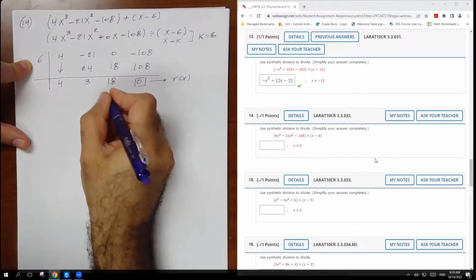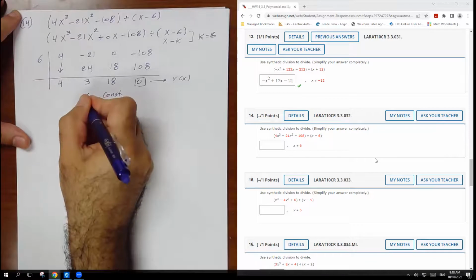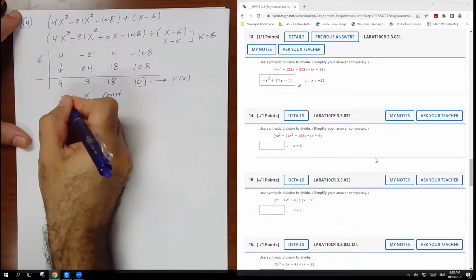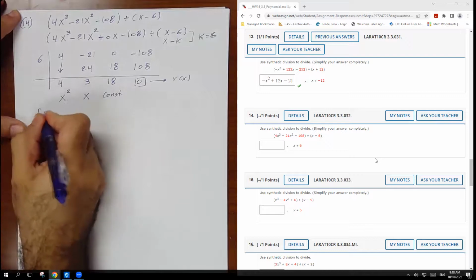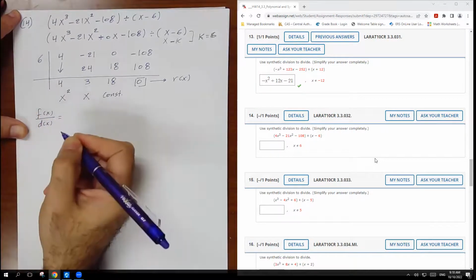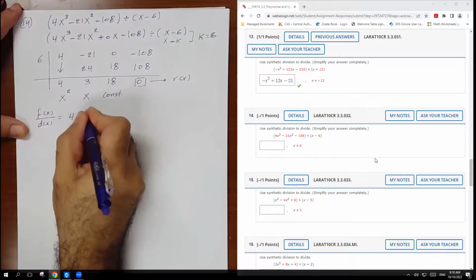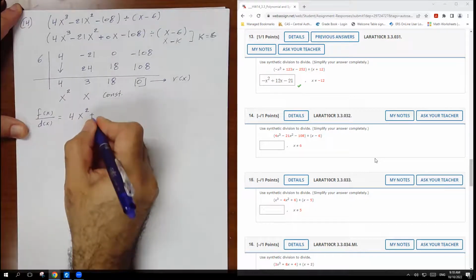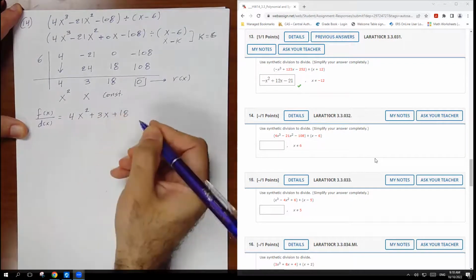This is the constant, and this is for the x, and this is for the x squared. That means f of x divided by d of x is going to be 4x squared plus 3x plus 18.